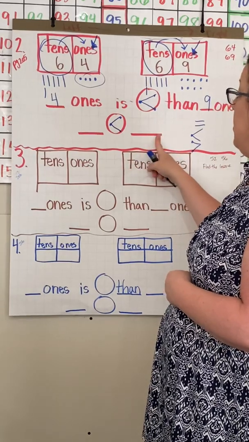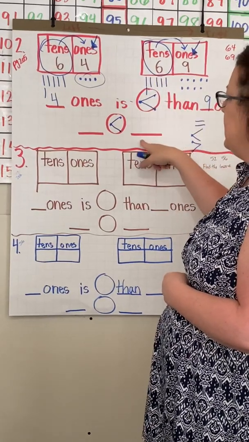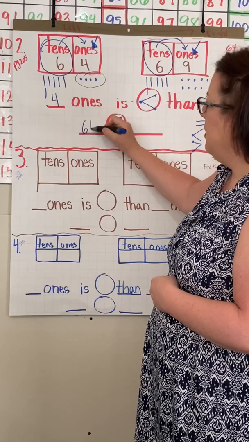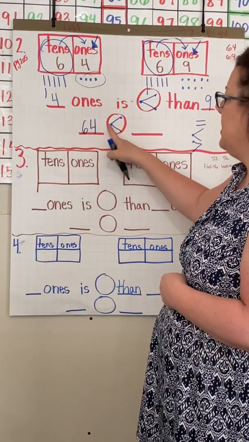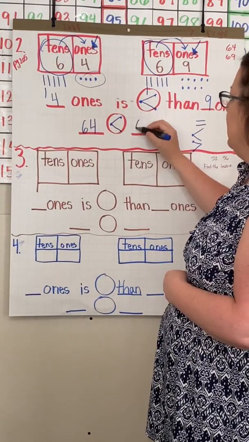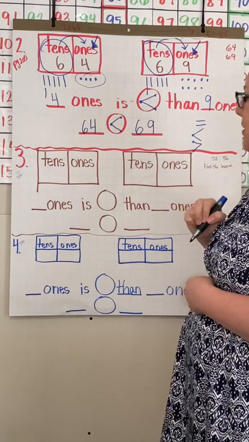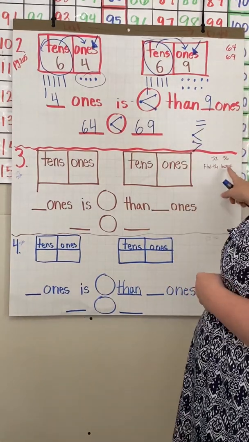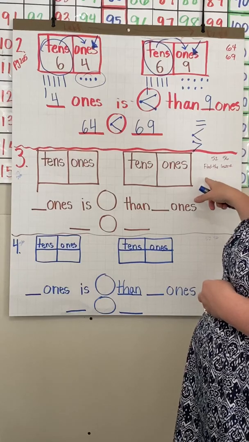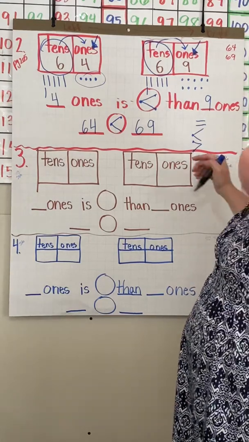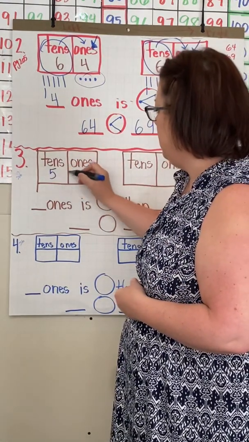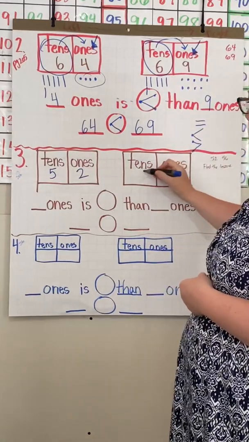So my greater number goes here. That would be 69. And 64 goes on this side. 64 is less than 69. Okay, my next problem on page 206, we have 52 and 56.